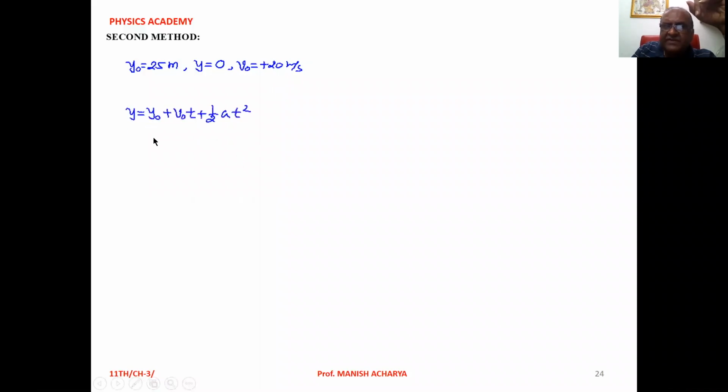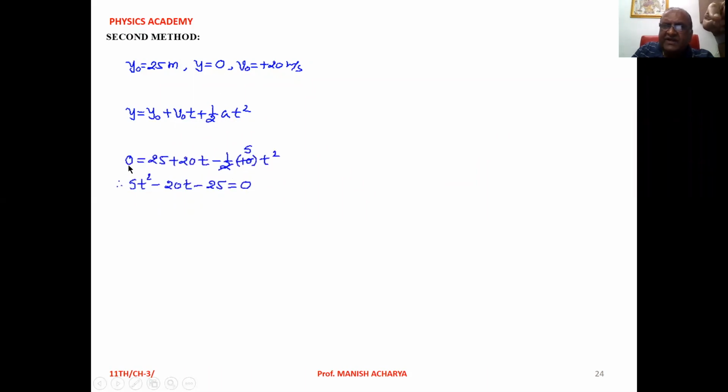Now see, we already discussed this. If an initial position is there, then we have to use the equation x minus x0 equals v0t plus half at squared. But here the motion is in the y direction, so we use the notation y. So y equals y0 plus v0t plus half at squared.